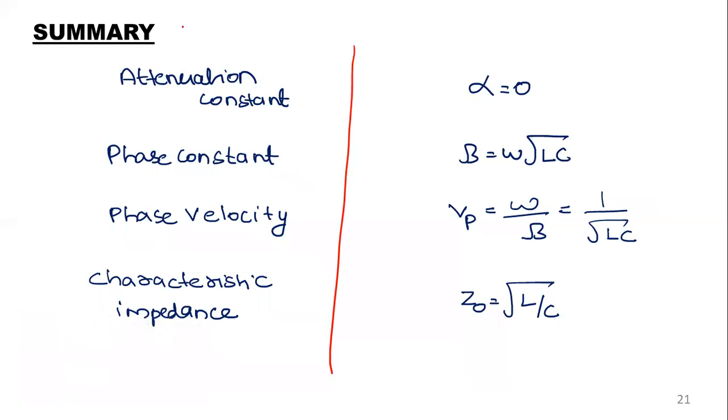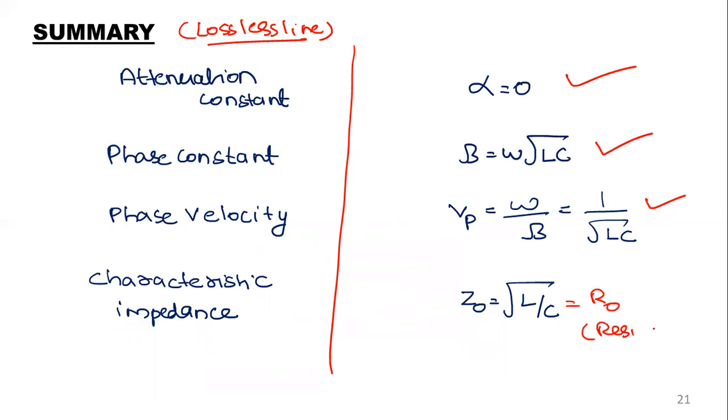This is very important for a lossless line. Phase constant beta is equal to omega into root LC. Phase velocity, that is omega by beta, is 1 by root LC. And characteristic impedance Z0 is equal to root of L by C, that is equal to R0, and we can say resistive. So you know why we say it is resistive.